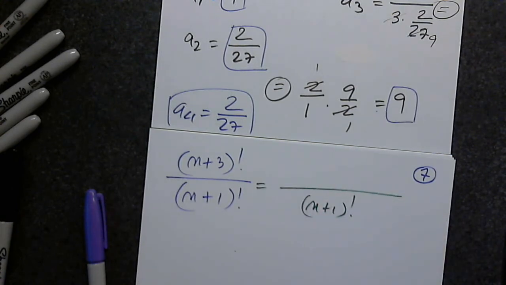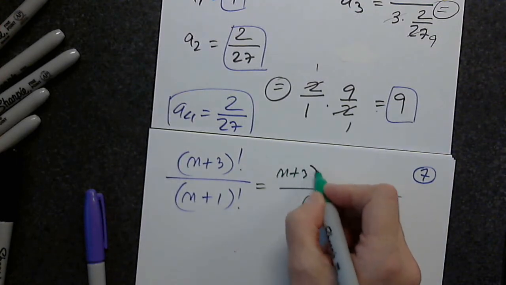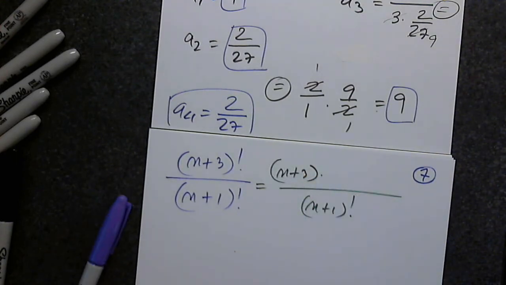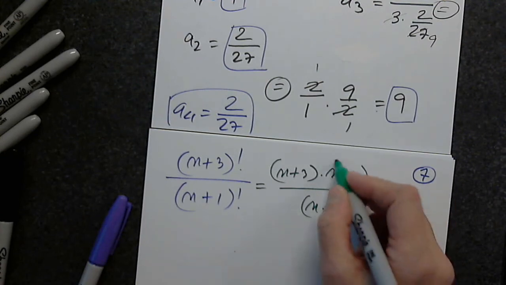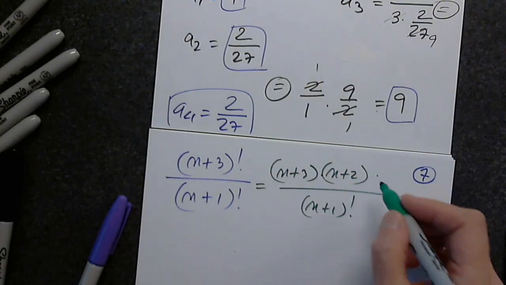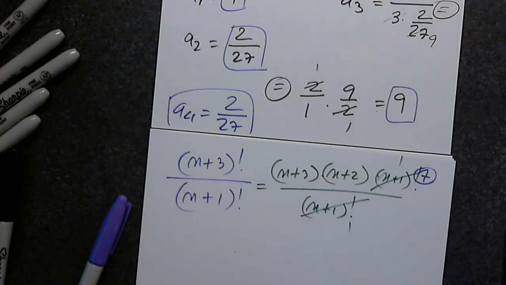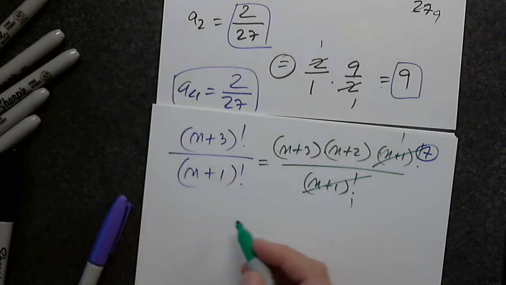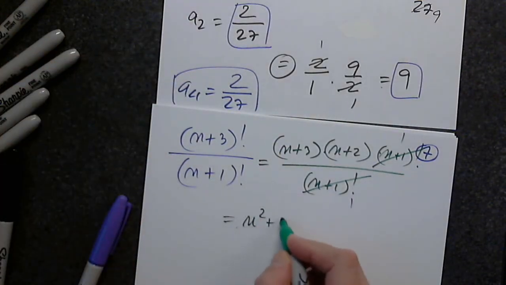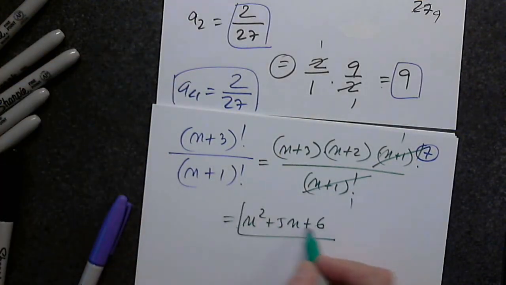And please tell me, what will you do with n plus 3 factorial? Yes, n plus 3 indeed, times n plus 2, yes. And we stop at n plus 1 because we see the denominator is n plus 1. Excellent. So now when we multiply, we get n squared plus 5n plus 6.